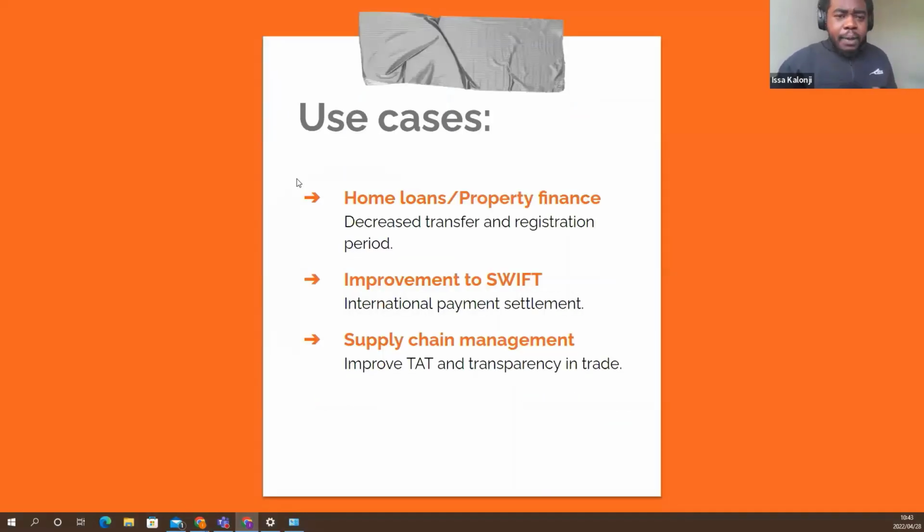Now, let's talk about a few use cases when it comes to enterprise blockchain. We look at home loans and property finance. The process of registering and transferring a property can take anywhere between 8 to 12 weeks. That is a perfect use case for enterprise blockchain because it will allow for a more seamless process and also decrease the registration and transfer period. Also, improvements to the SWIFT international payment system.